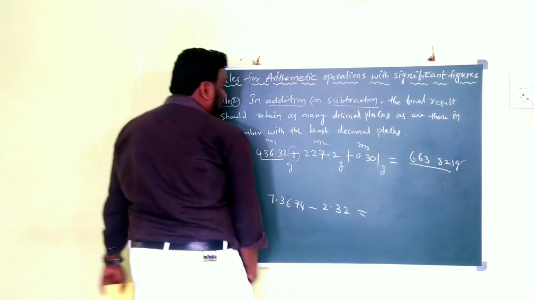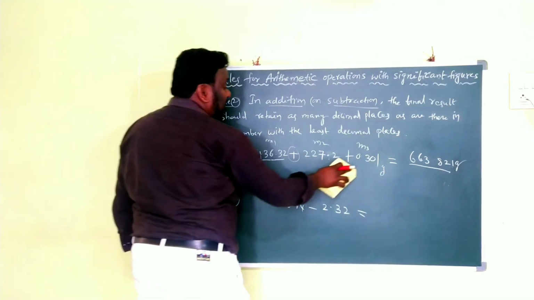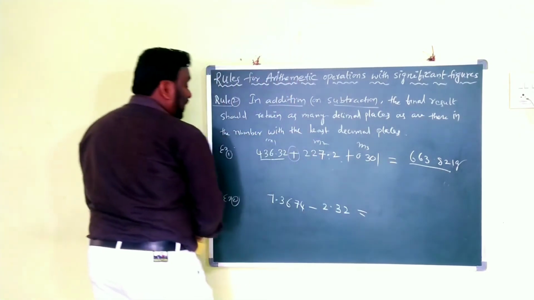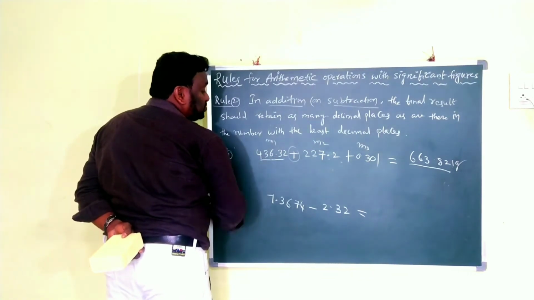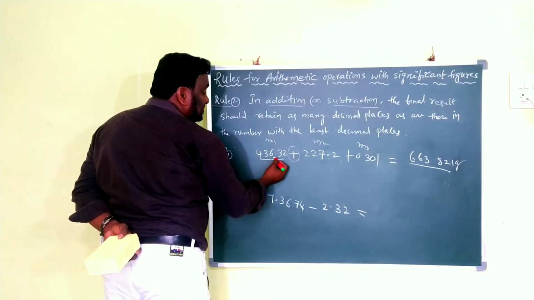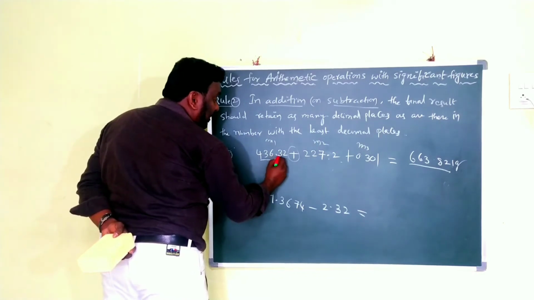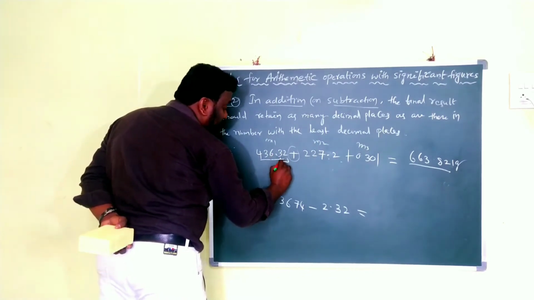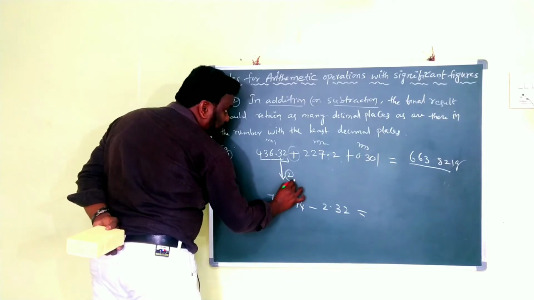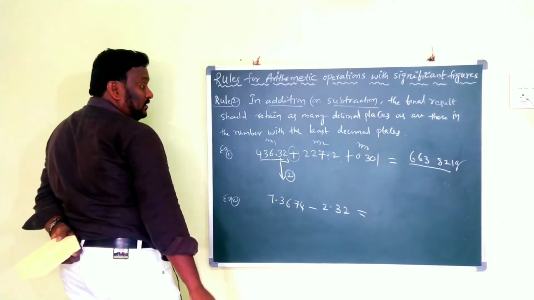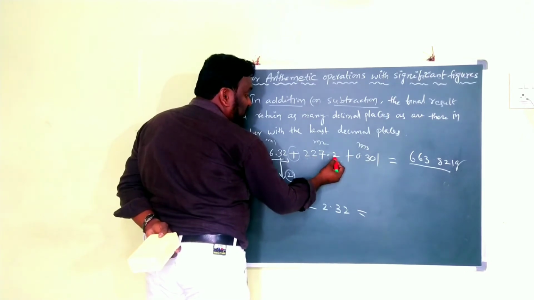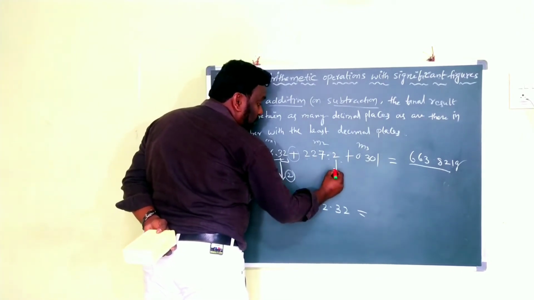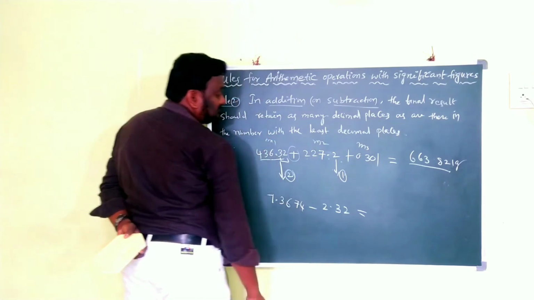Now you have to check how many decimal places are in every number. M1 is 436.32: after the decimal point we have 3 and 2, so there are 2 decimal places. Then 227.2: after the decimal point we have only 1 decimal place.